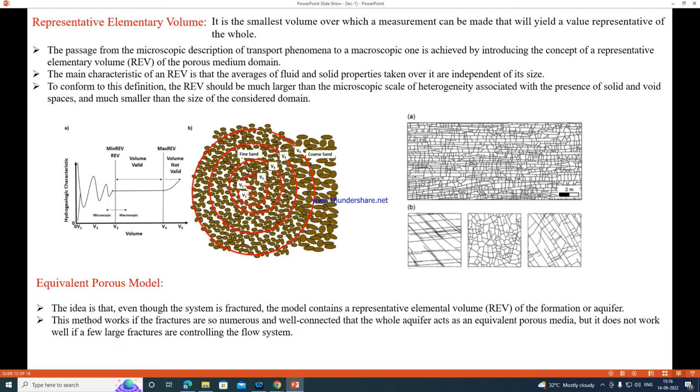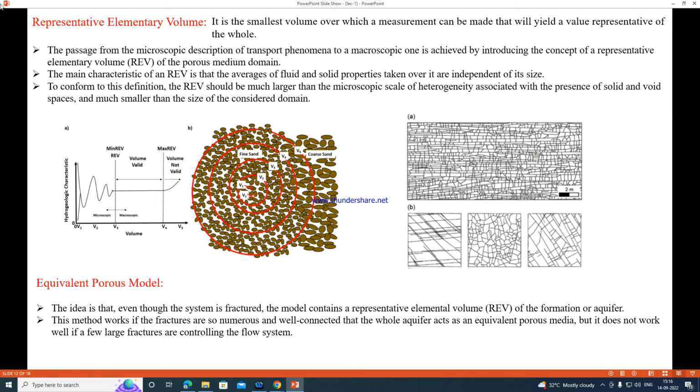The inability to model and solve the problems of water flow and contaminant transport within that void space is because you need minute information to map the aquifer. But throughout the space, it is very difficult to get that type of minute information related to your aquifer.